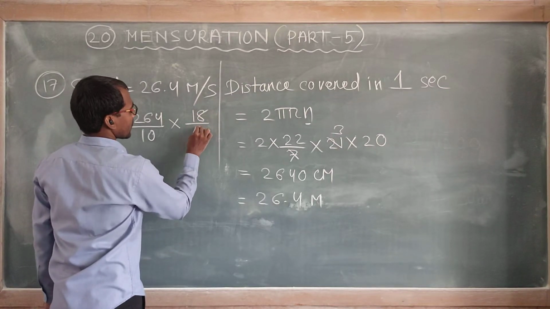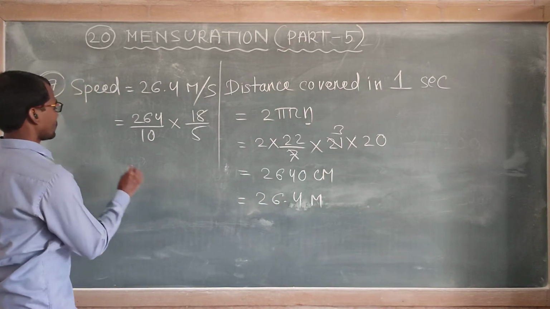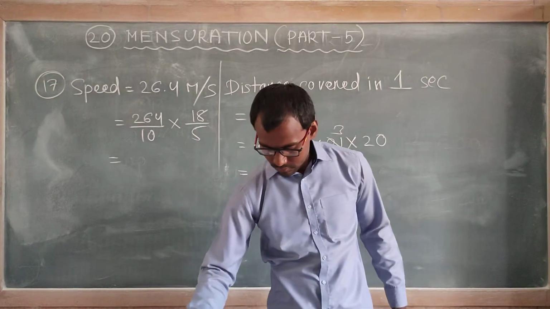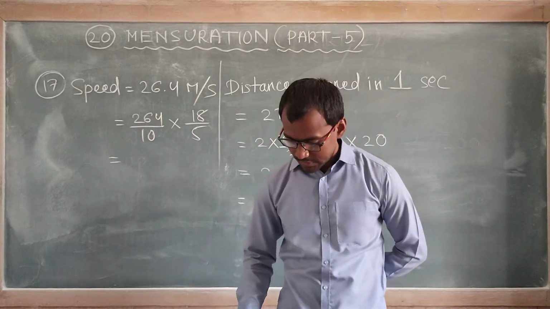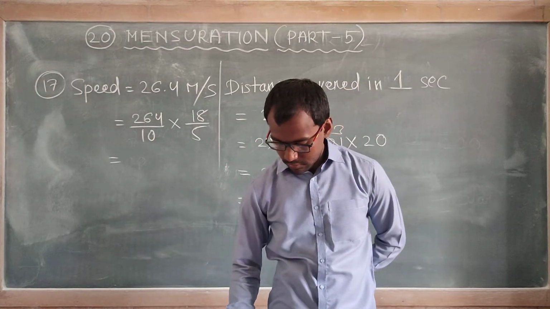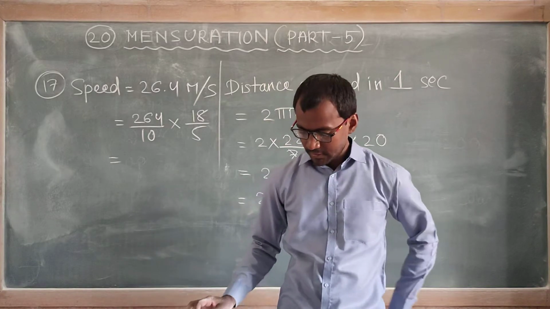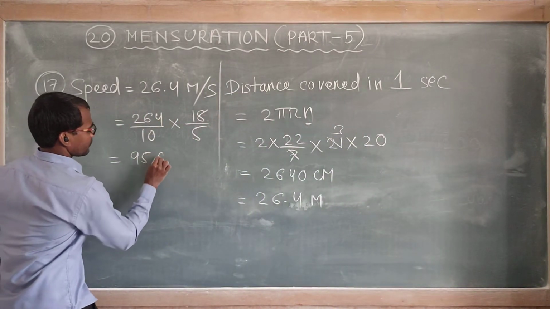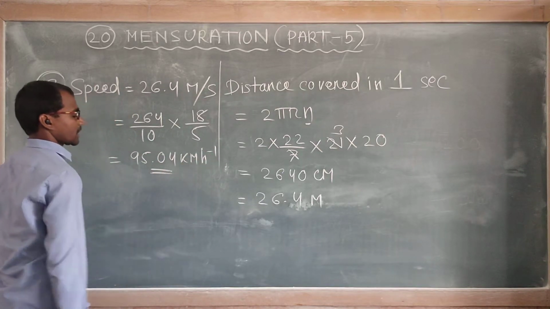This is equal to 264 into 18 divided by 50, which is 95.04 kilometers per hour.